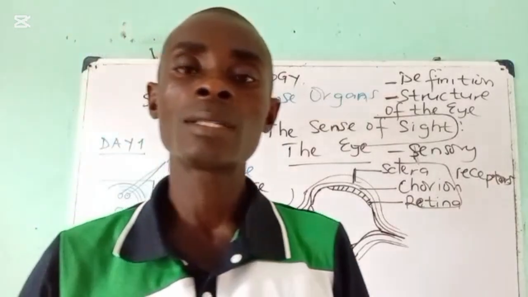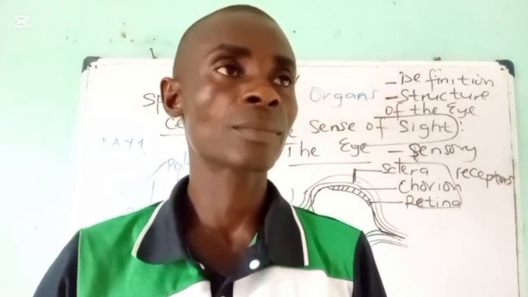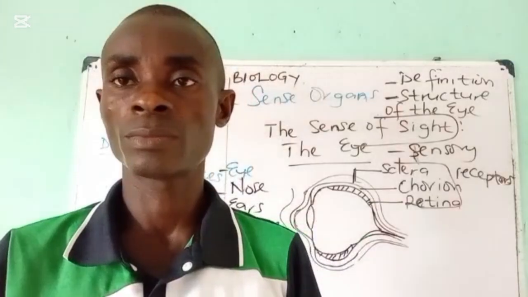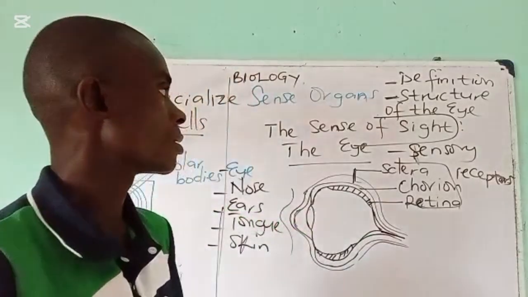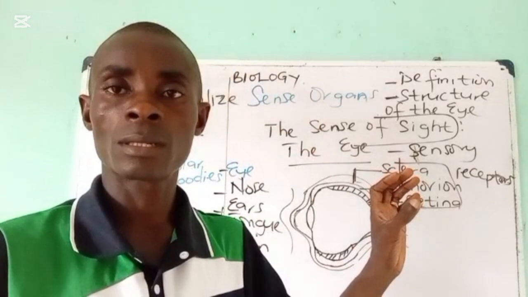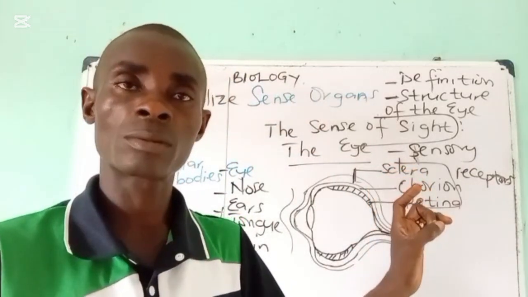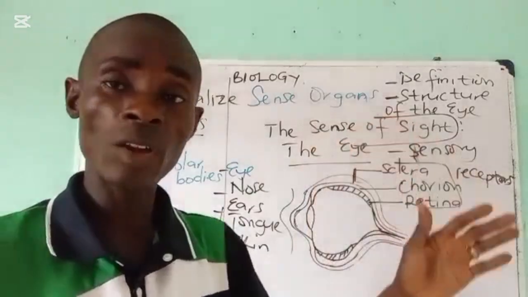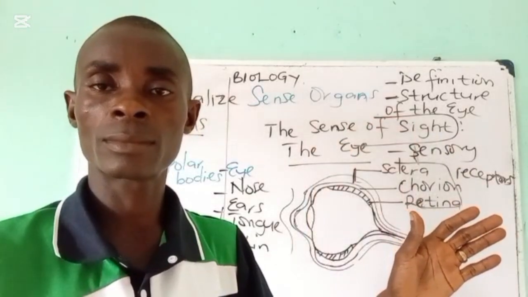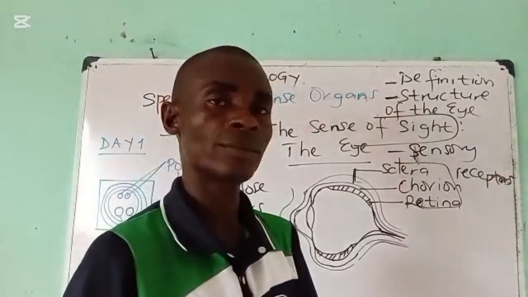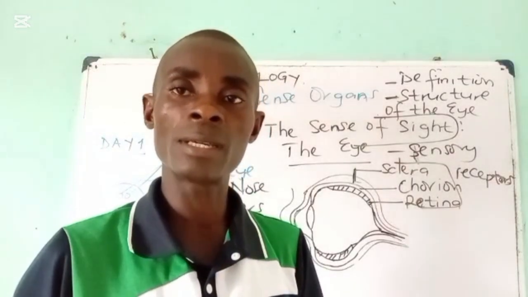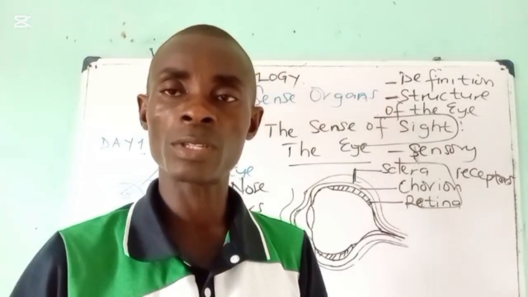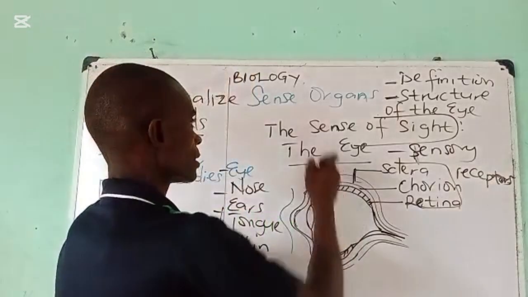Now, a sense organ is a specialized organ or specialized cells or tissues that detect stimulus from the environment and transmit the message or impulses to the central nervous system.